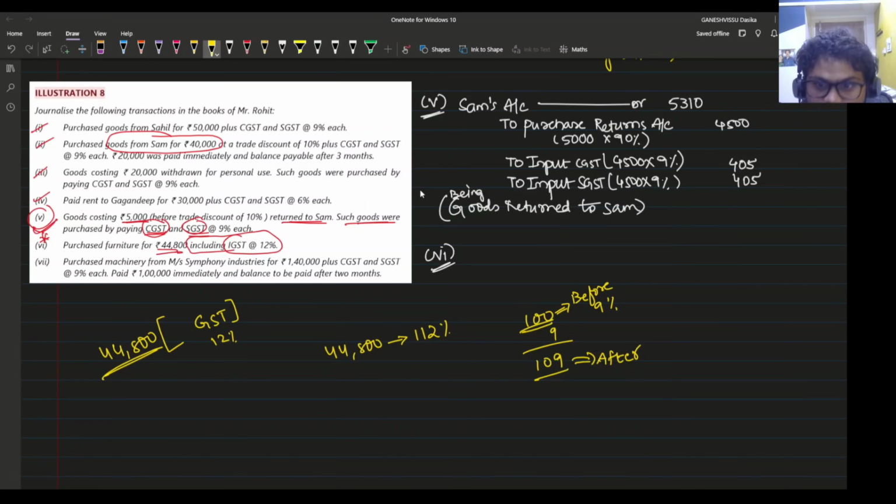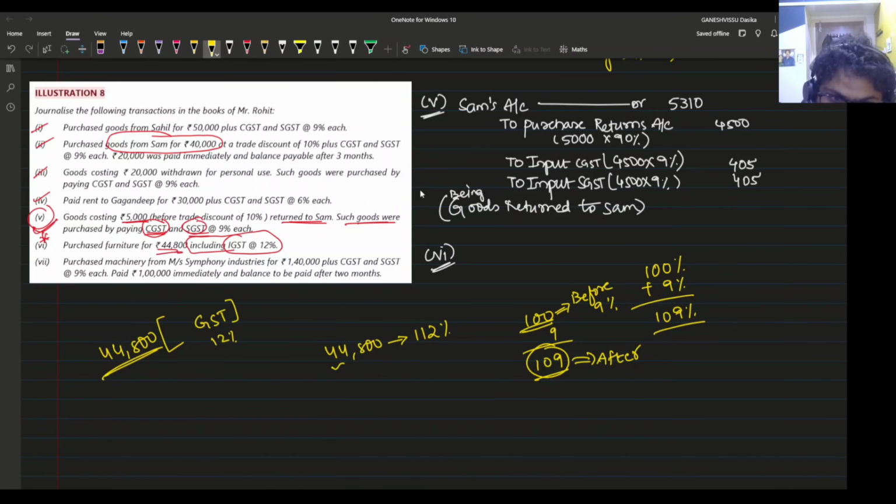Then it has become 109. That means if I say the value of the goods while purchasing is 100%, and when we add 9% as GST, then it would be 109%, right? Can I say that?